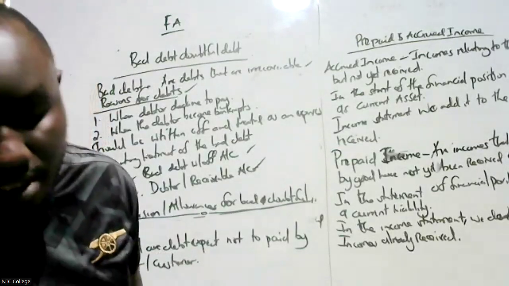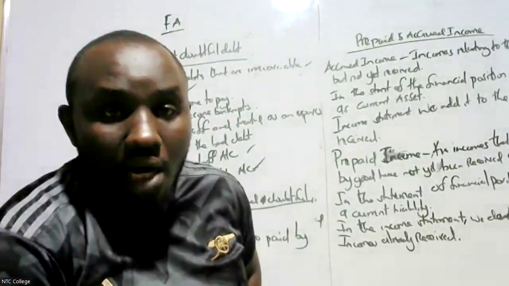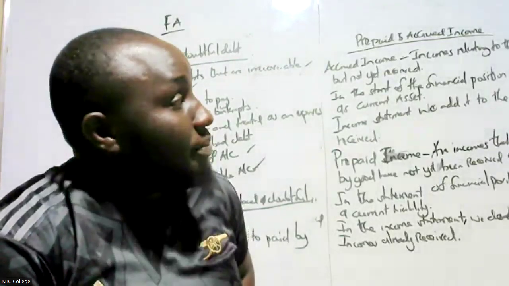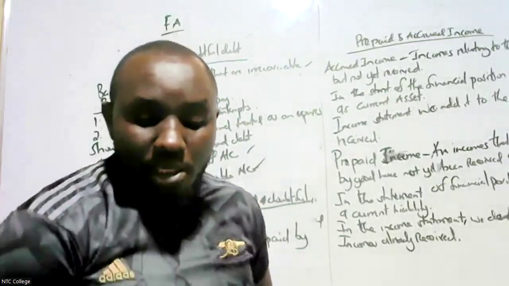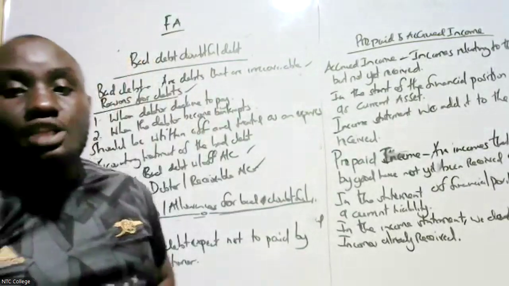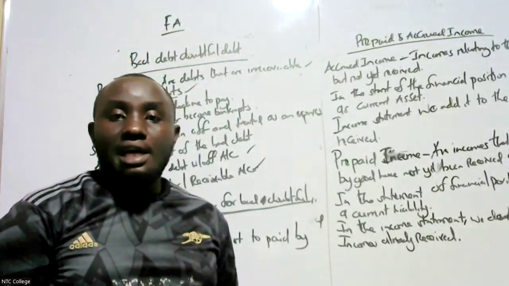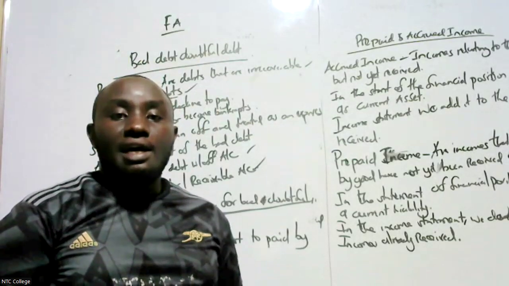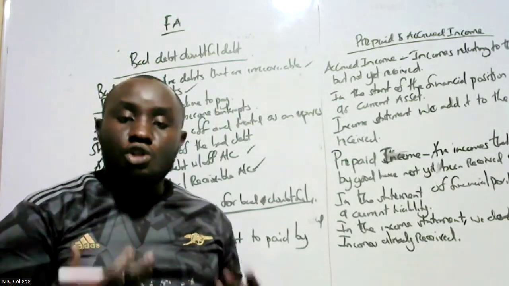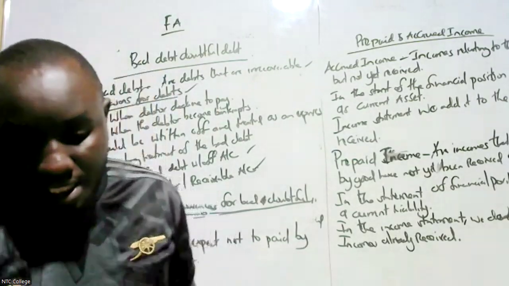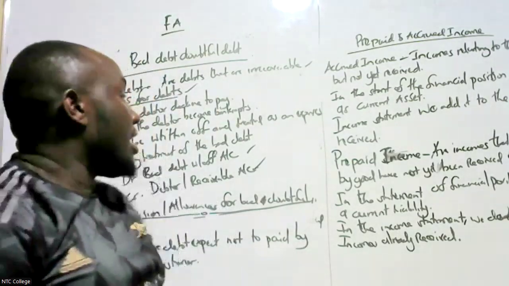Are we together? So that implies that it is basically an expected loss. If, for example, you say that 20% of the debtors are likely not to pay, that is what you call an expected loss, to be taken into account.